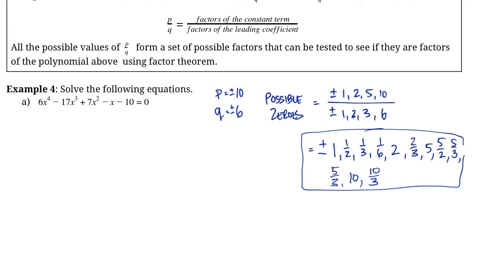All of the zeros, all of the solutions to this equation, are going to be in here. So we know this is a 4th degree polynomial, so it could have up to 4 roots or 4 zeros. So up to 4 of these can be there. Now, you don't want to just sit there plugging in all the values, because there's 12, and there's the plus and the minus version of each of those.